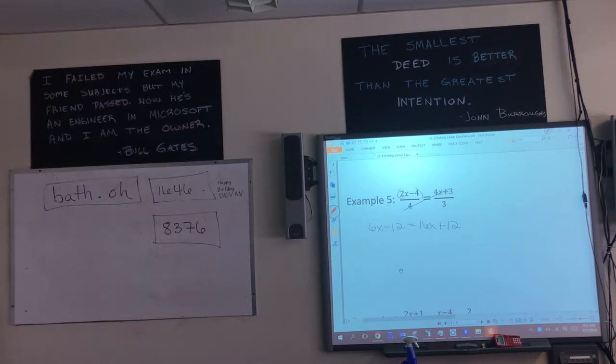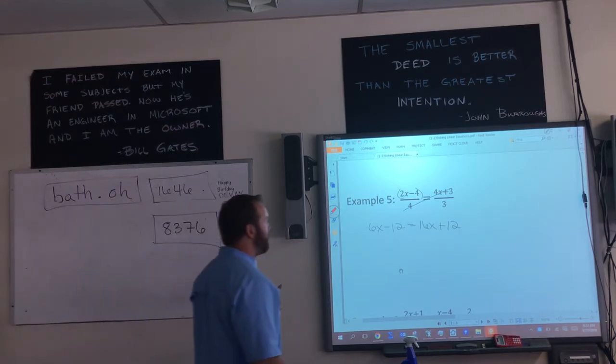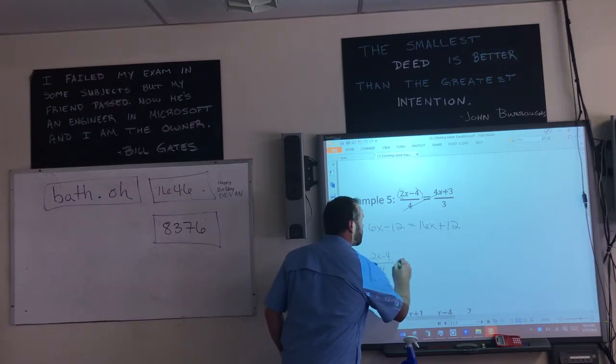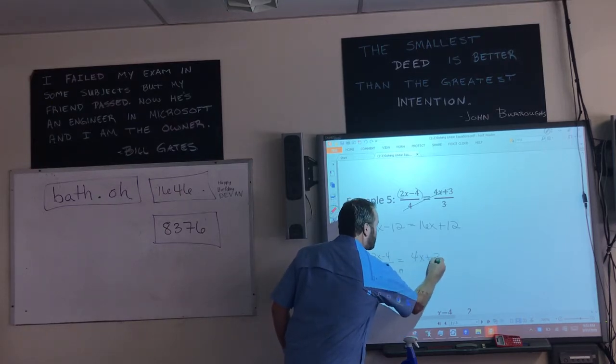Now, what I want you to realize is, hopefully you can do the rest of that equation. I'm not going to go any further with that. But there's another approach that we could use. Are those fractions? Can I multiply everything by an LCD? So I'm just going to rewrite this whole thing: 2x minus 4 over 4 equals 4x plus 3 over 3.